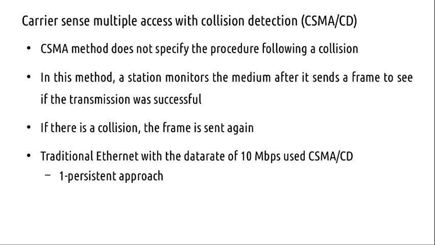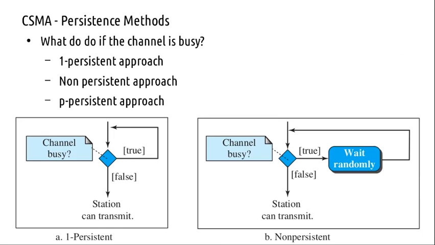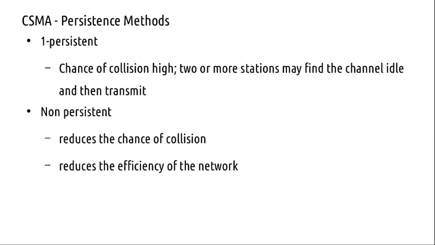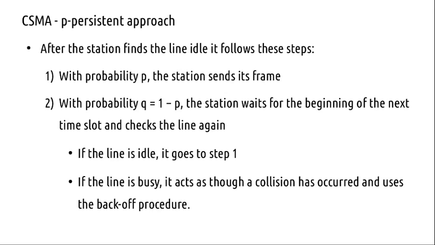Then the non-persistent method, where a random wait is there. Or the p-persistent approach, where you have the wait duration in terms of p and q. That's why I mentioned we'll elaborate it when we discuss Ethernet.